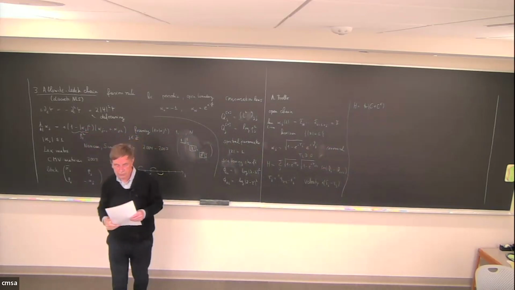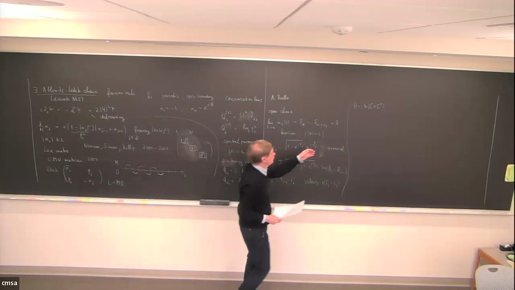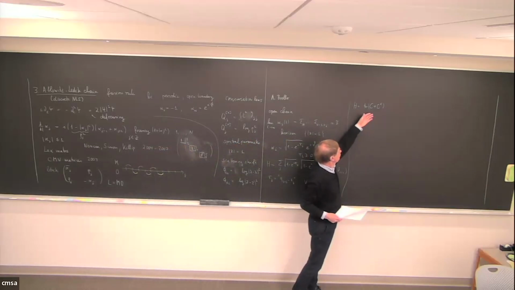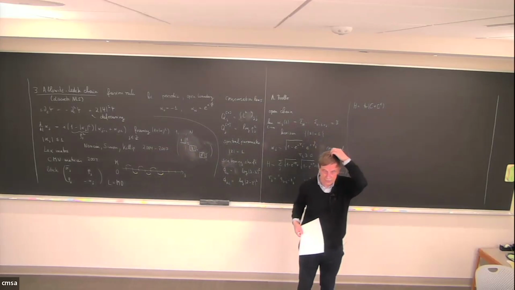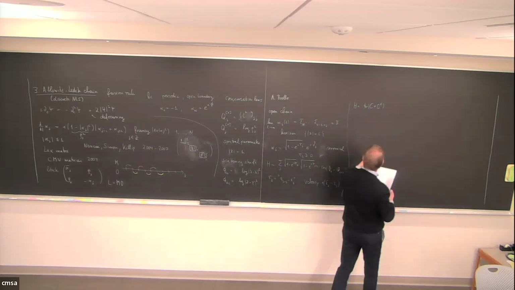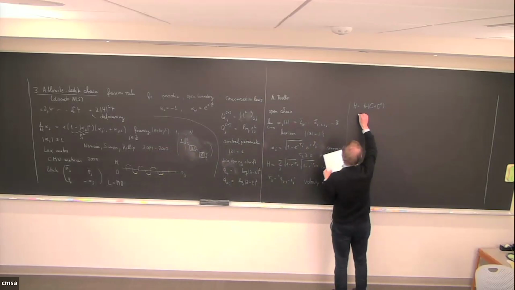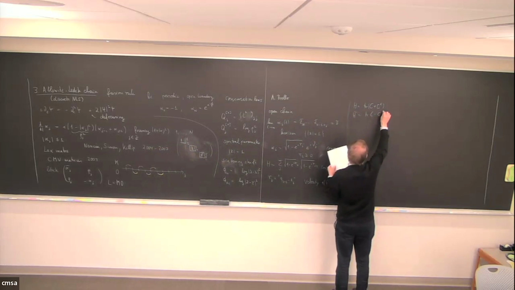This is the simplest possible Hamiltonian I could look at. But I could also do the Hamiltonian which is given by the trace of C minus C star, and then maybe I put an i in front so that it's a real quantity.